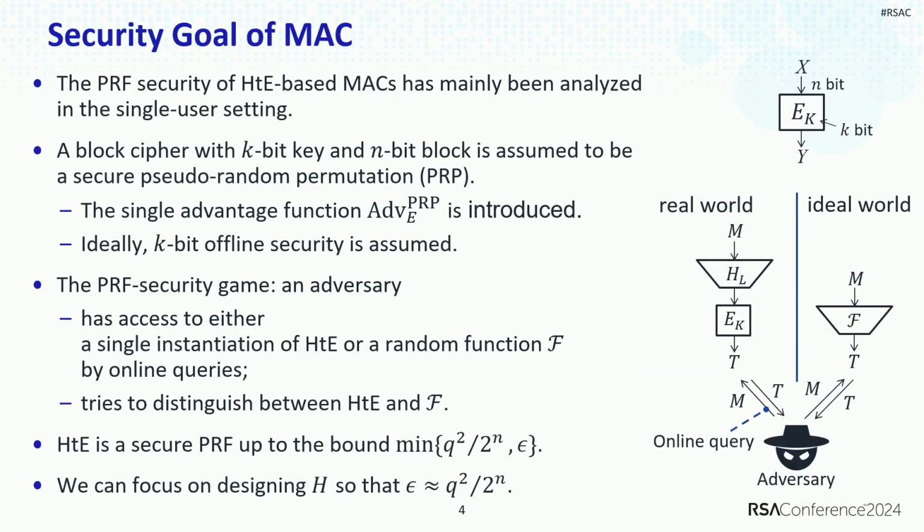Thanks to this feature, the proof becomes quite simple. Regarding the security goals, the PRF security of HtE-based MACs has mainly been analyzed in the single user setting. In this talk, the key size is k bits and the block size is n bits, and the block cipher with a k-bit key is assumed to be a secure pseudorandom permutation. Under this assumption, the single user PRF security advantage is introduced, which means k-bit offline security is assumed.